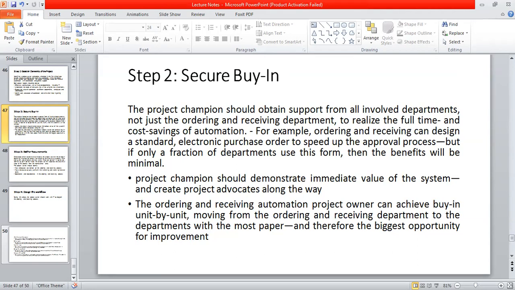The ordering and receiving automation project owner can achieve buy-in unit by unit, moving from the ordering and receiving department to the departments with the most paper and therefore the biggest opportunity for improvement.